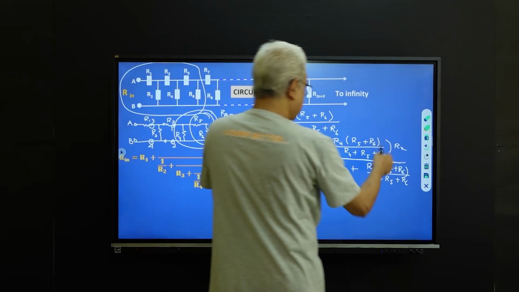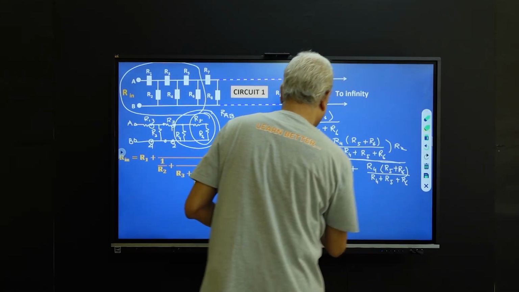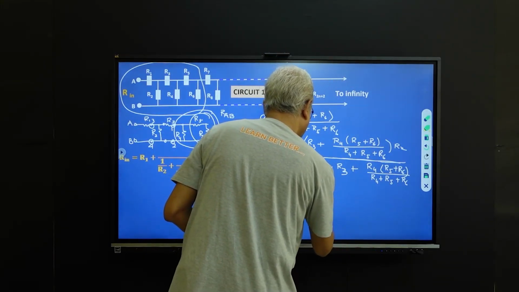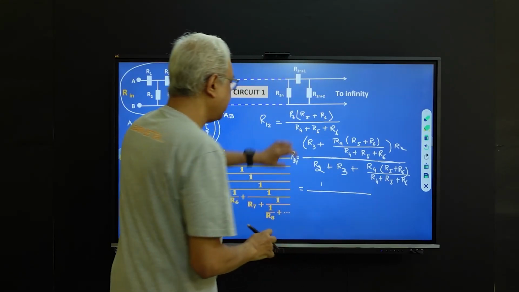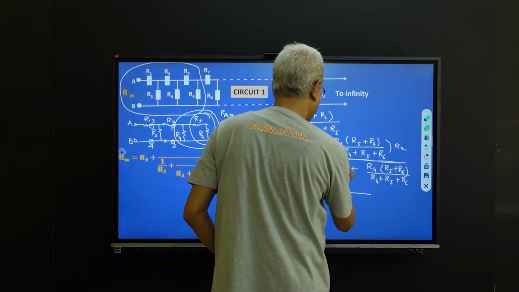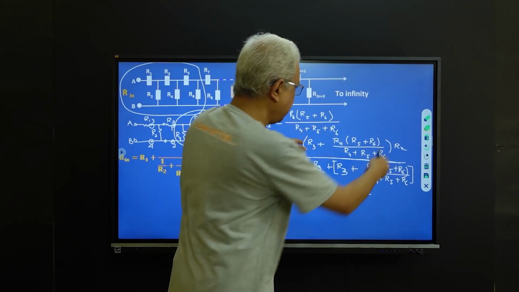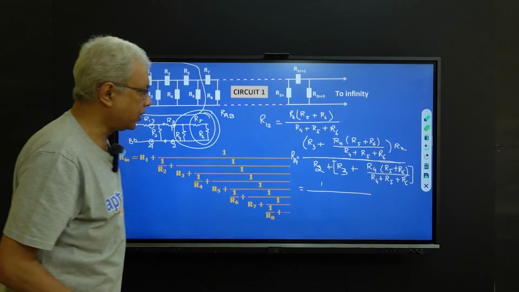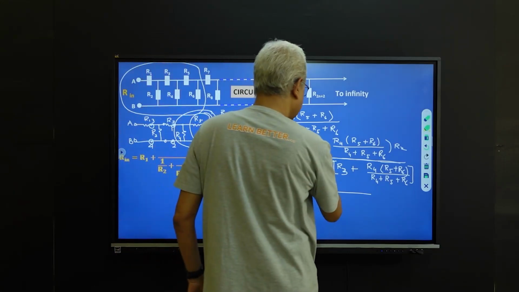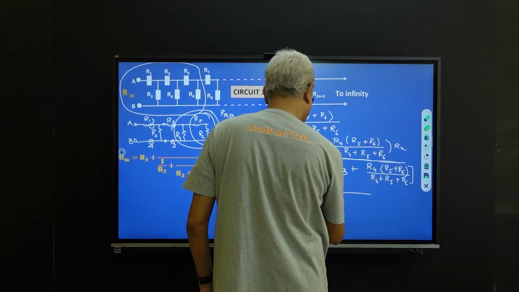So if I divide the denominator by the numerator, then I get 1 by this quantity. When divided by the entire numerator, I get 1 by R2.